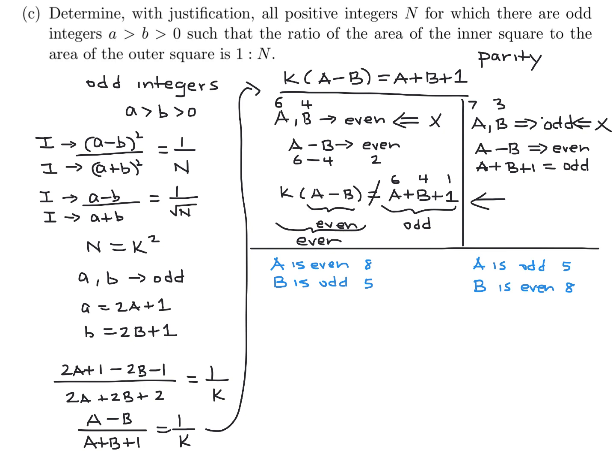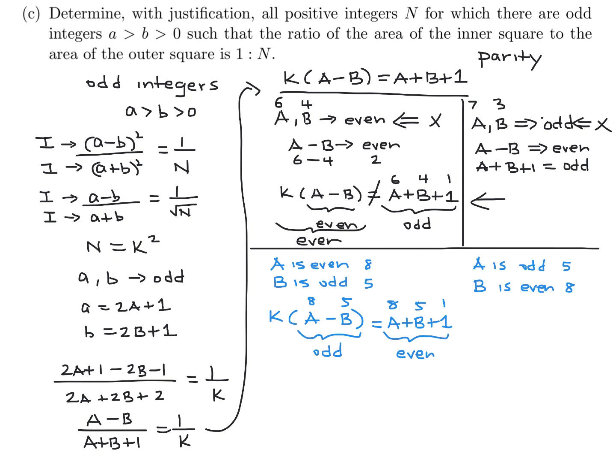So in this scenario, we got k times a minus b. A minus b, well, if this is 8 and this is 5, that's 3, so this will be odd. And then it's going to equal a plus b plus 1. Well, if it's 8 and 5 and 1, that looks to me like 14. 14 is even. So there we go. This is even. Now, can this work?